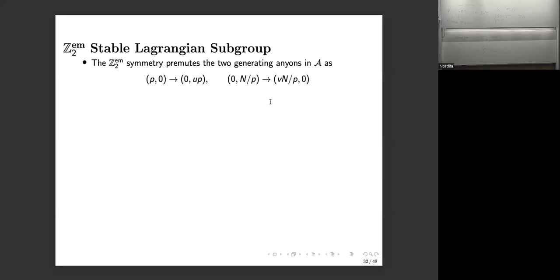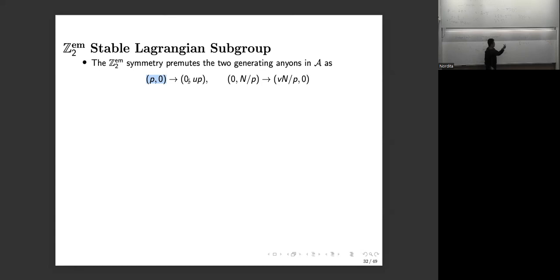So (p, 0), this particular anyon in the Lagrangian subgroup, is mapped to (0, u times p). Remember that the EM symmetry maps the B to u times B hat, and the B hat maps to v times B, where u and v are inverse to each other as a Z_n field.